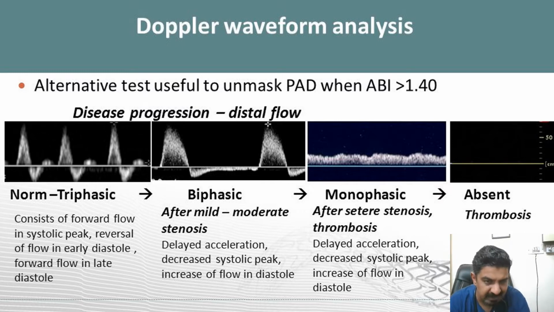You can see that there are three peaks in the first diagram. In the second diagram, you can see that this is a biphasic, often mild to moderate stenosis, and you can see two peaks. The monophasic waveform is like a straight line, with few phases here and there. And then there is absence of any waveform in the case of a complete thrombosis.